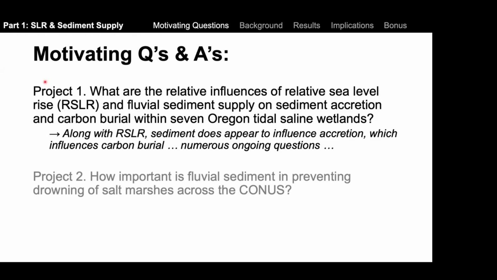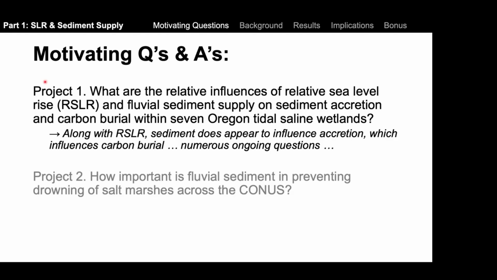Like most good science, I think this posed more questions and challenges than it actually ended up addressing. So there's definitely numerous ongoing questions. And one of those questions is how important is fluvial sediment at preserving salt marshes from drowning across the contiguous United States? We start thinking about systems that have much more limited sediment loads naturally, and also because of anthropogenic activities like damming.